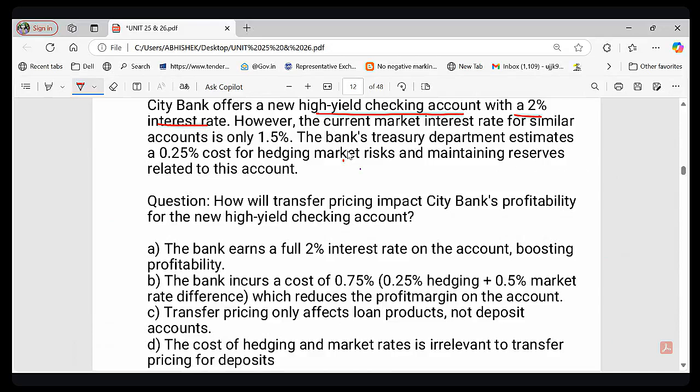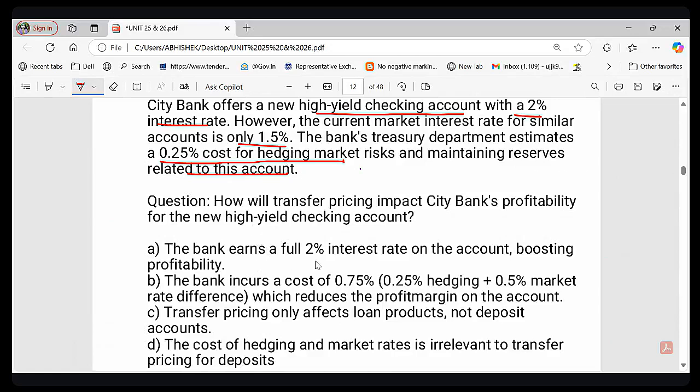However, the current market interest rate for a similar account is only 1.5%, and the bank treasury department estimates a 0.25% cost for hedging market risk and maintaining reserves related to this account. How will transfer pricing impact Citibank's profitability for the new high yield checking account?